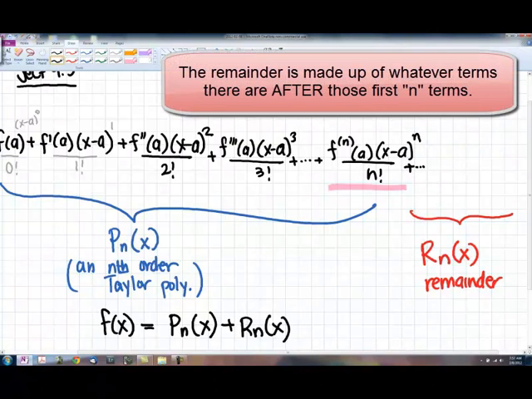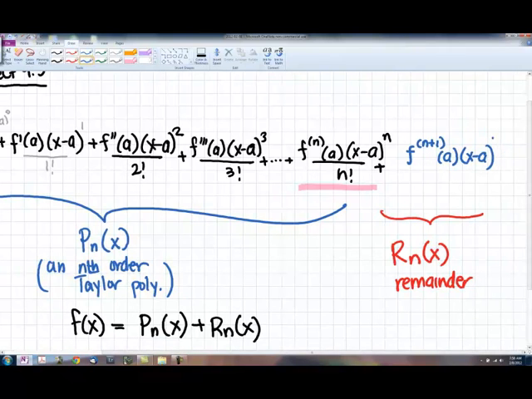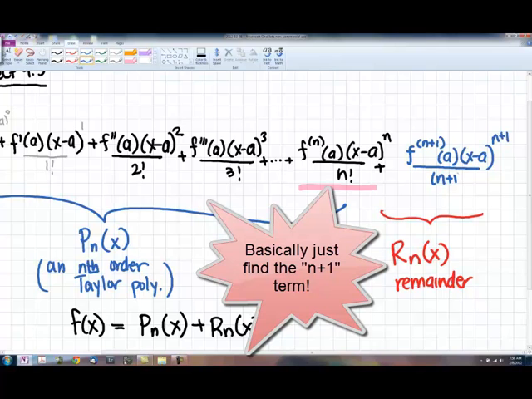Now let's think about what comes next. What comes right after this nth term? All of the derivatives keep going up by 1, all of the exponents go up by 1, and the factorial goes up by 1. So the next one in succession here should be the n plus 1 derivative of f at a times x minus a to the n plus 1 over n plus 1 factorial.